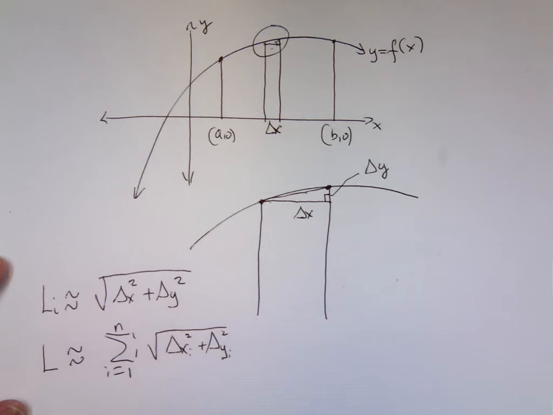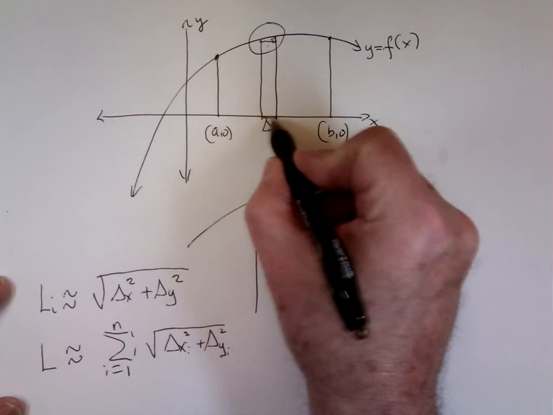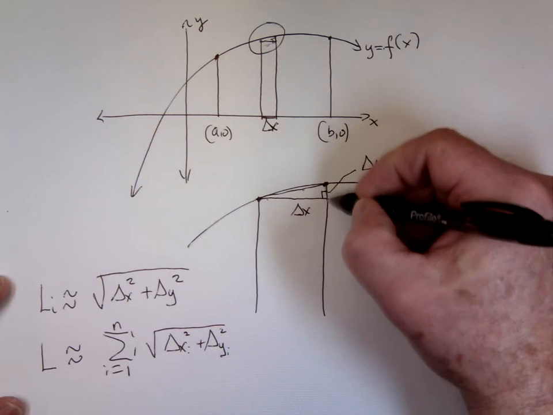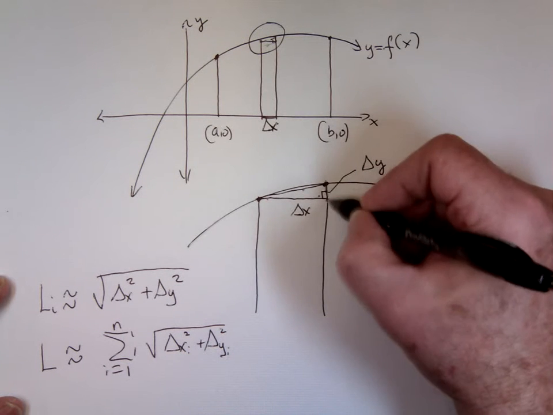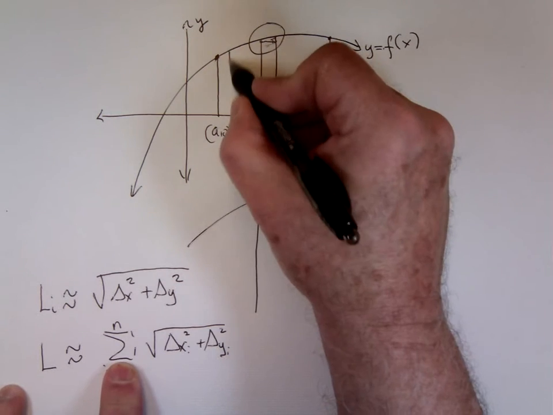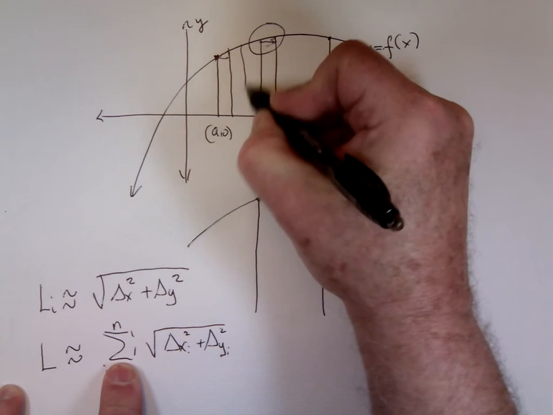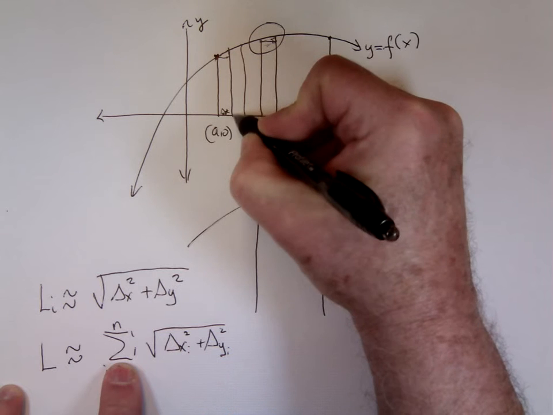The little triangles are the little delta x's. This is the delta x here, this delta x and a delta y, the change in x and the change in y. The summation is adding up all these delta x's. There's a delta x here, a delta x here, all the way across.